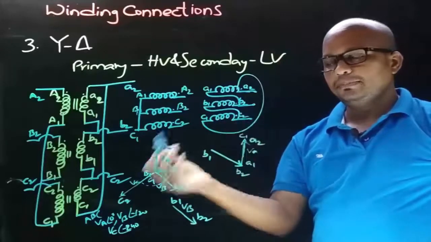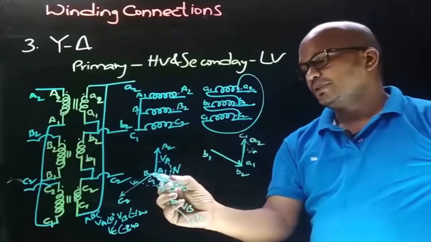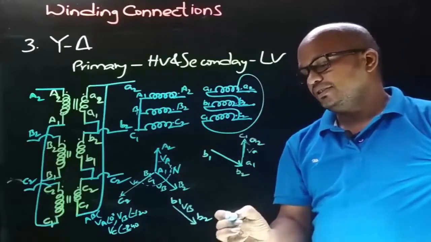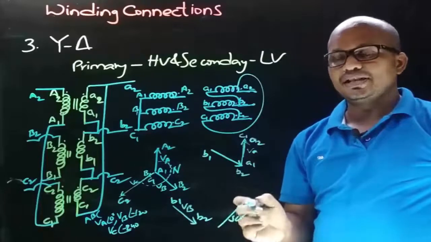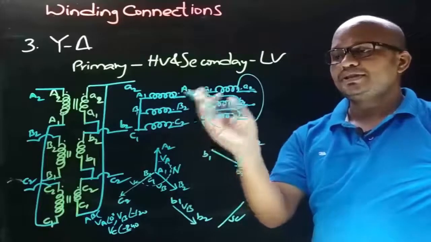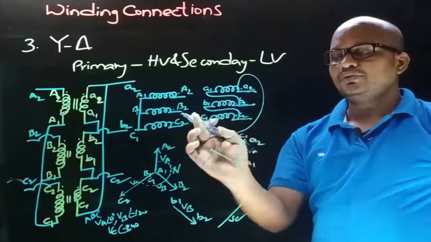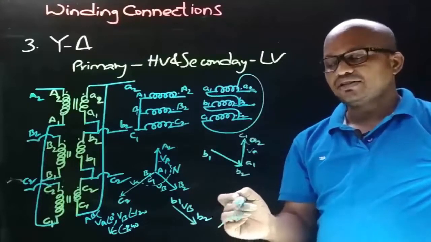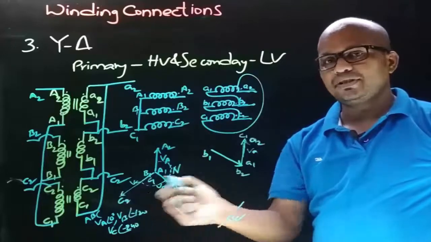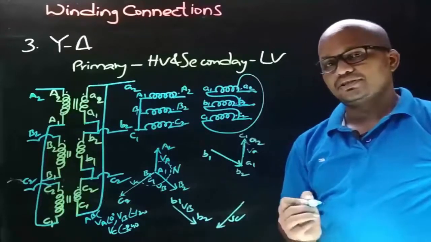Now let's draw the secondary side VC phasor, which will be parallel to the primary side VC phasor. So the primary side VC phasor is like this, so let's take the secondary side VC phasor like this. Now we need to decide the direction. Observe that on primary side and secondary side the connections are taken from dot ends, so the secondary side VC phasor direction will be the same as that of the primary side VC phasor. So this is the direction.